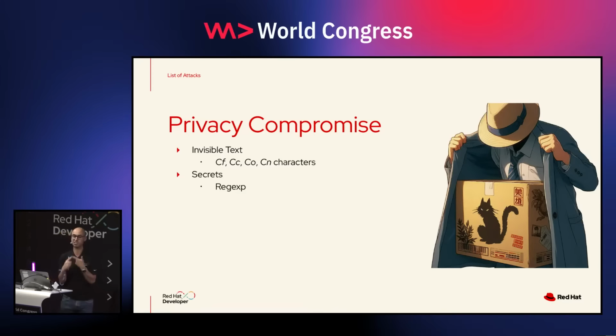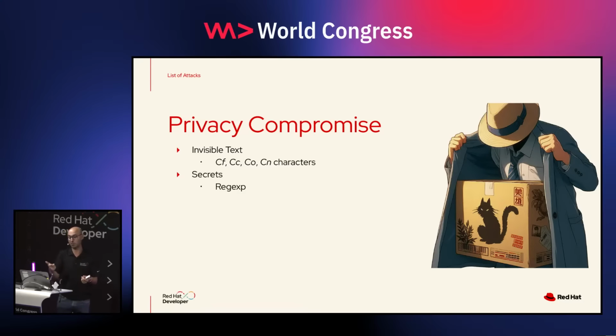And also, of course, the secrets. We need to be aware that a user can send us a secret, and that's not good. And if we send it to the model, okay, if it's our model, it's fine. Probably you're not logging anything, but if you're using any cloud model, probably they are using this request for training the model in the future. So they are training with a secret.